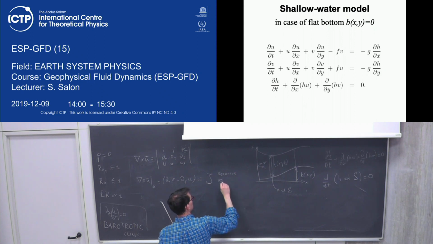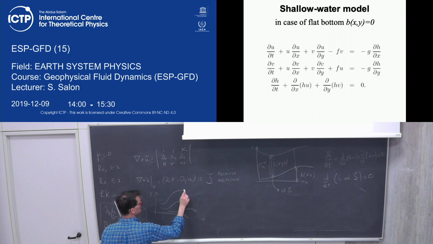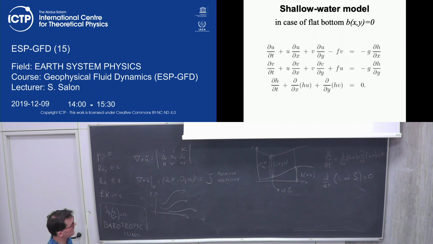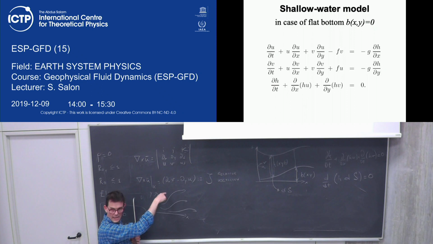Relative vorticity. So if I am in the horizontal plane, xy, and I have a flow going like this, of course, every point of this plane will have a vorticity, which will be in this direction or in the other direction.